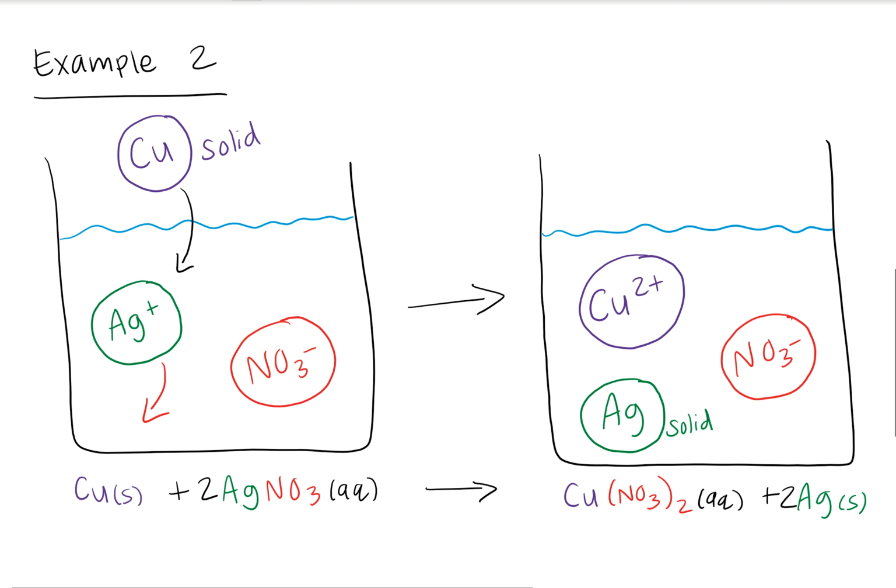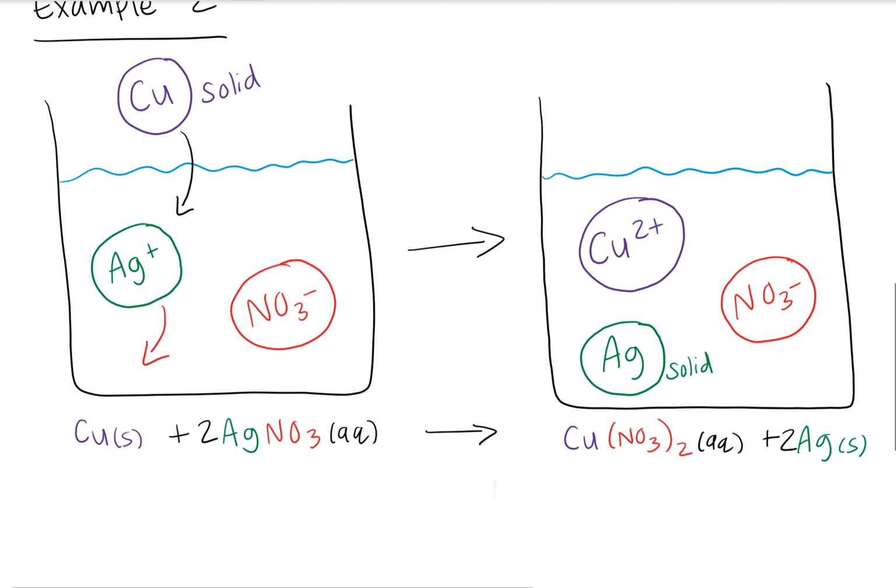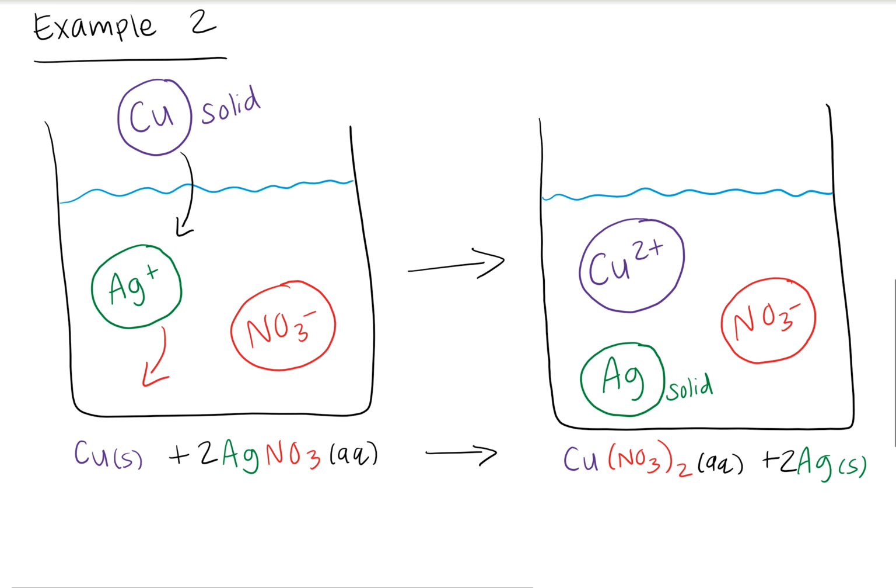So again, look at your overall equation. How do you tell that this is a single replacement reaction? Again, I have a single element by itself, and look at what that single element has done. Since it's a metal, it forms positive ions, and it potentially can replace the positive ion of our aqueous solution.